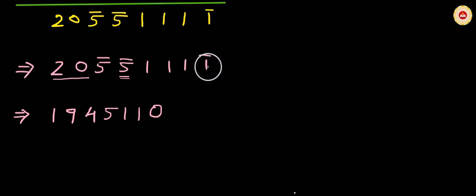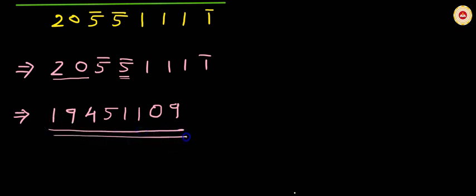Whenever there is a single negative digit in the given number, we consider that single negative digit as the last negative digit and subtract it from 10. So 10 minus 1, 9. So this is our answer: 1,94,51,109. So friends, this is how you should use vinculum numbers in Urdhva Tiryak multiplication to make calculations faster.